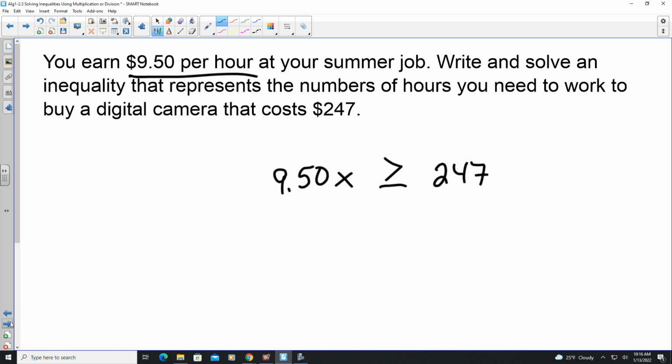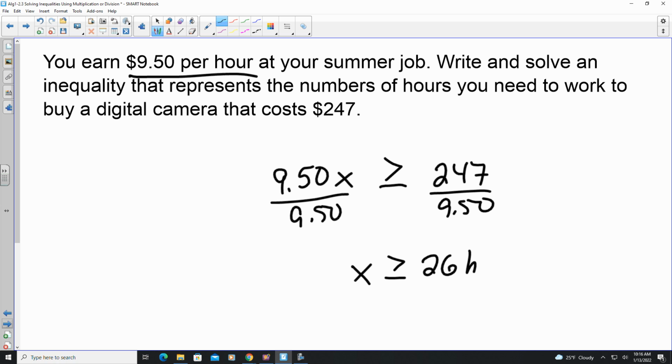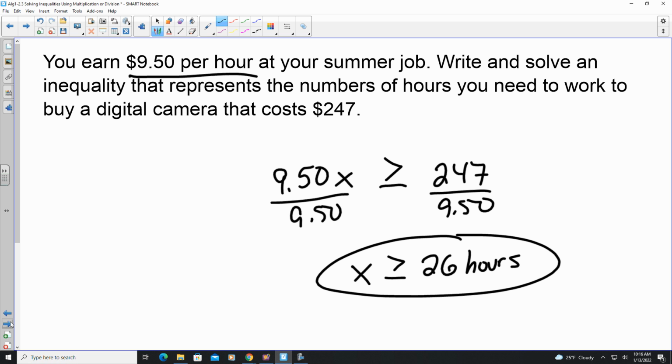So to figure out how many hours you need, you simply divide 9.5 to both sides, and I get 247 divided by 9.5, which gives me an answer of x must be greater than or equal to 26 hours. So you must work 26 hours in order to achieve enough hours to purchase that camera.